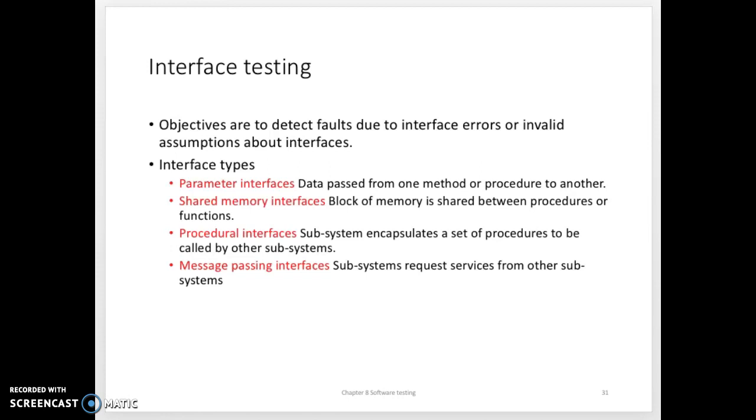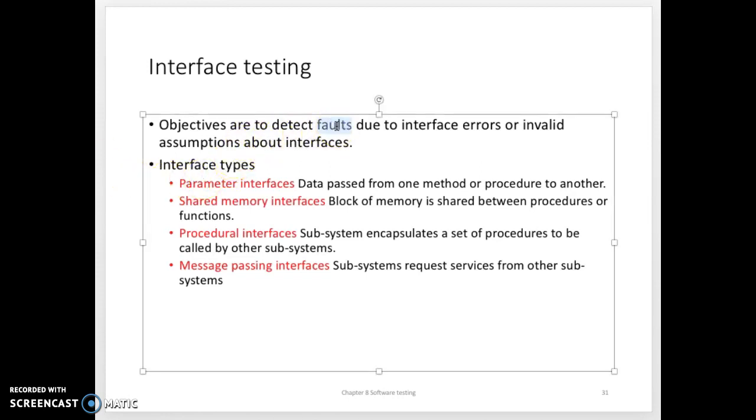So interface testing has objectives, which is to detect faults due to interface errors or invalid assumptions about interfaces, such as parameter interfaces, data passed from one method to a procedure, from a method or procedure to another, and shared memory interfaces, which is the block of memory shared between those procedures.